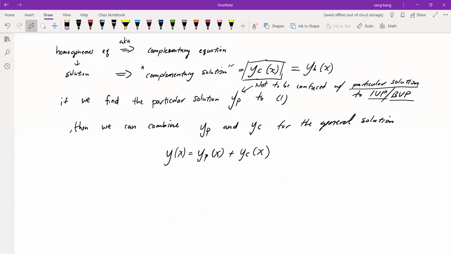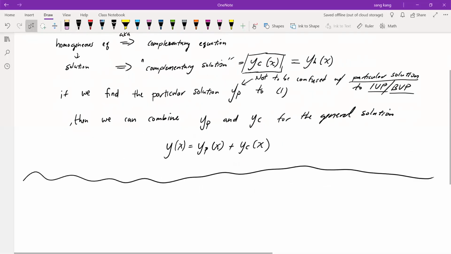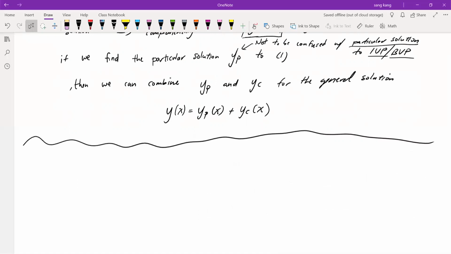So there's many methods in solving these second order non-homogeneous solutions, but I believe we're only going to be going over the method of undetermined coefficients.